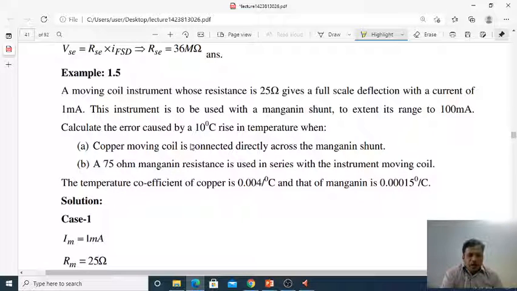And the second question: a 75 ohm manganese resistance is used in series with the moving coil instrument. The temperature coefficient of copper is 0.004 per degree centigrade, and of manganese is 0.00015 per degree centigrade.